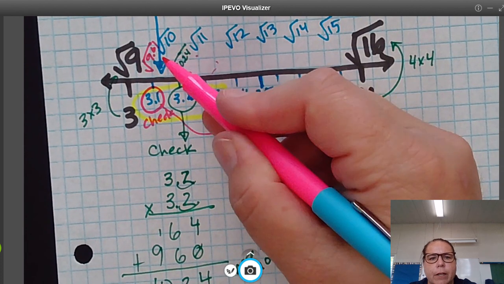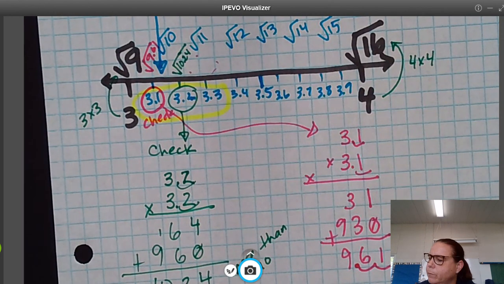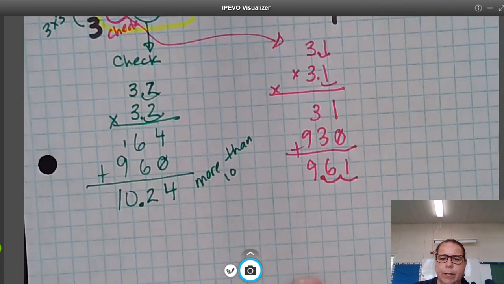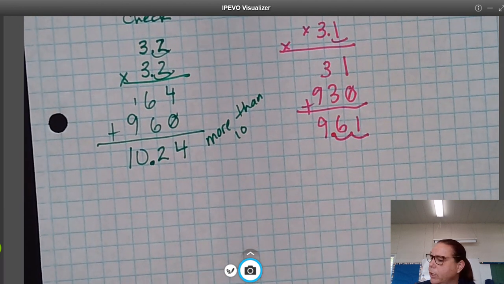And then the square root of 10 is right in between those two. So, right? What I need to do is now I need to think to myself, okay, which one is closer?